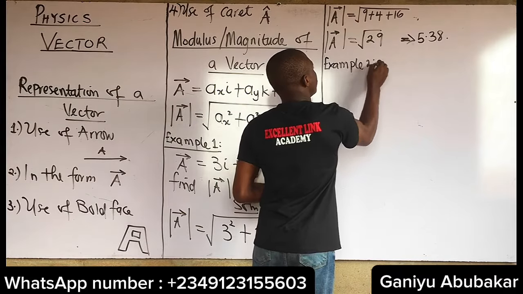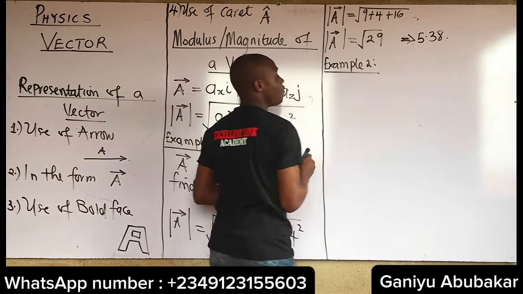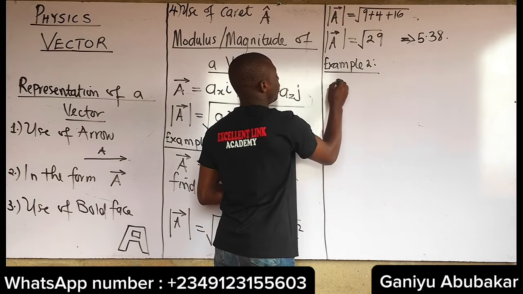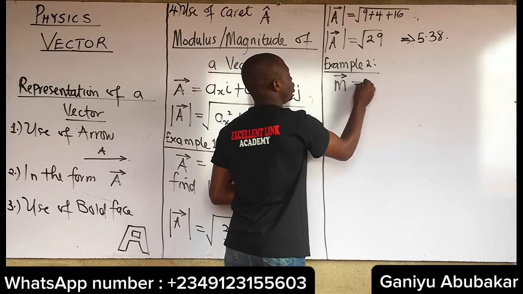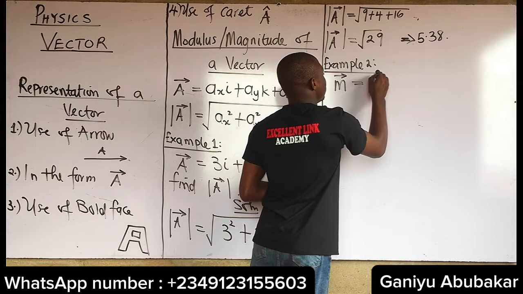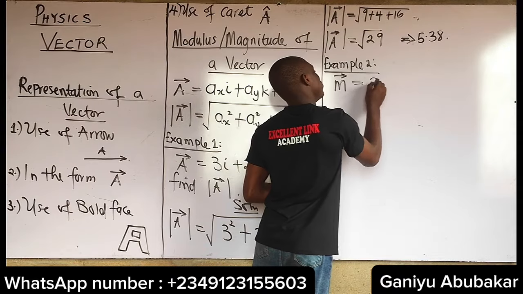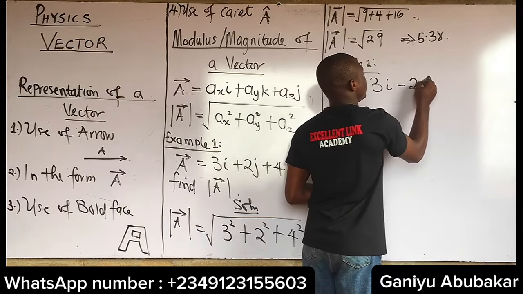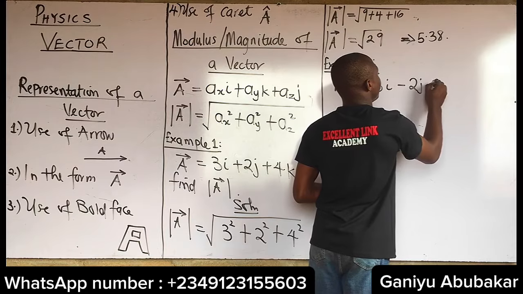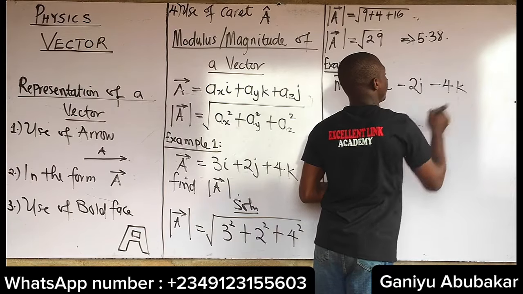Example 2. Let's say I have a vector m equal to 3i minus 2j minus 4k.